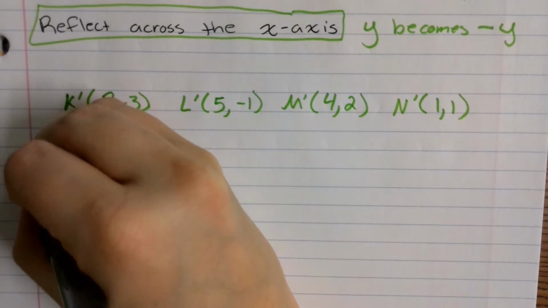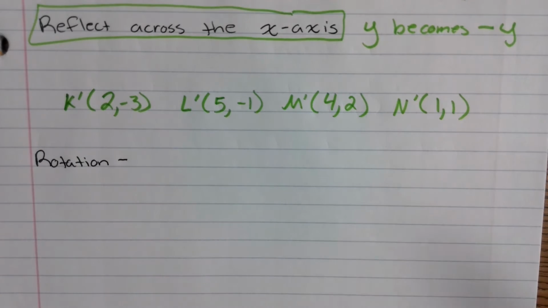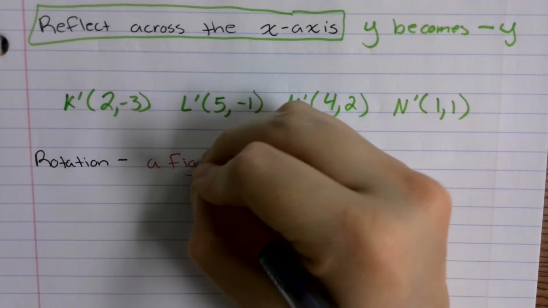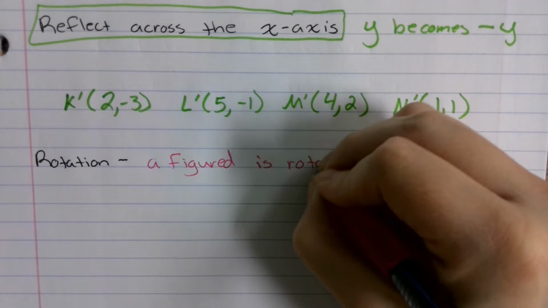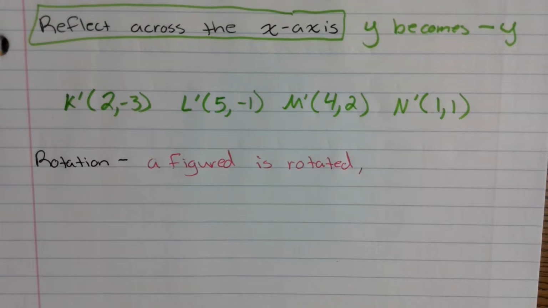So let's talk about a rotation real quickly. A rotation is a figure that is rotated, obviously. Now, again, slang term. The slang term for rotation is a what? If you flip a reflection and you slide a translation, what do you think a rotation is going to be? A turn.